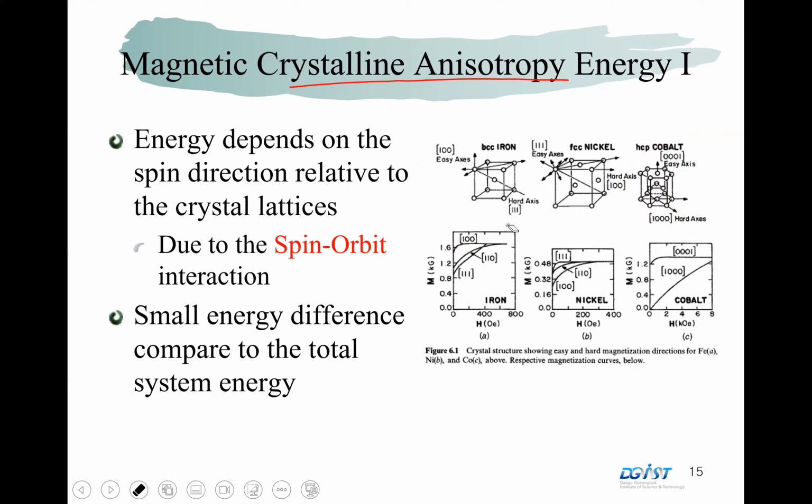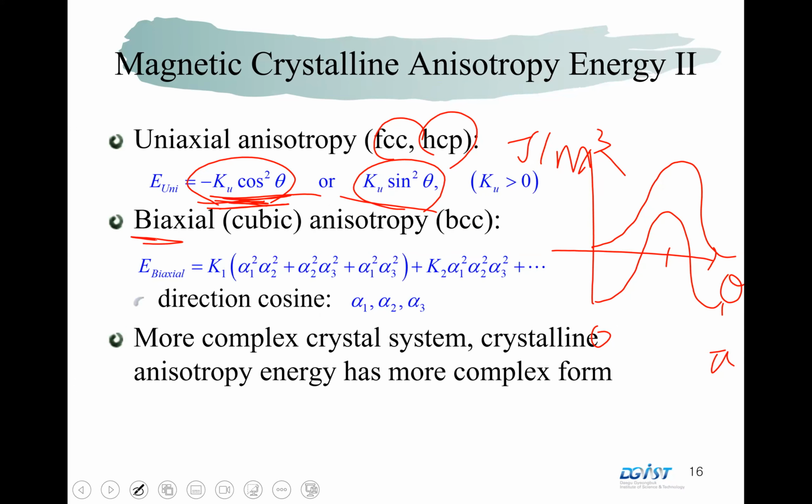But for the BCC, here the BCC iron, they have a 100 axis. Then this direction and this direction, all those directions must be the same. They're physically the same. So this is what we call biaxial or cubic anisotropy, and they usually appear in a BCC structure.